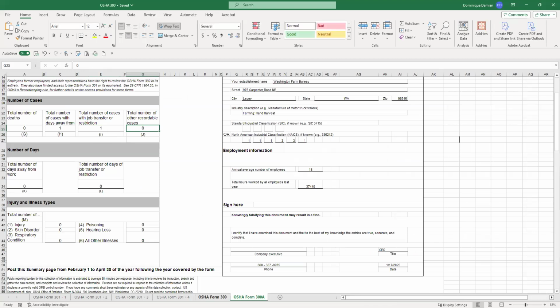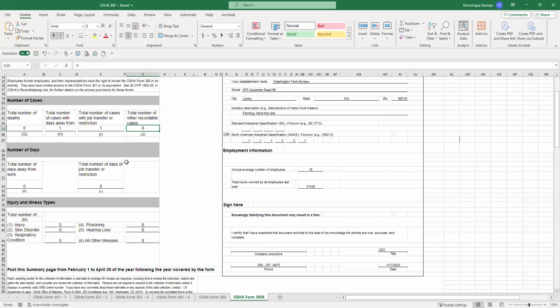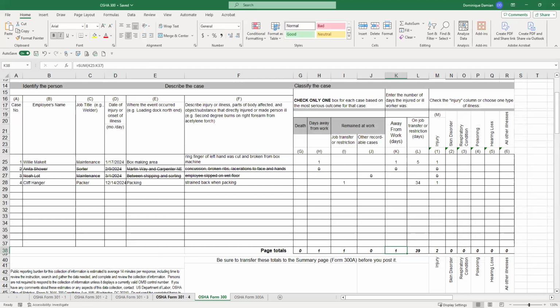And total number of other recordable cases, I do not have any in that column. For columns K and L, I have 1 and 39, so I'm going to enter those down here. For K, I had 1 day of days away from work, and for days on job transfer, I had 39. 39 or 34. 34, 39.